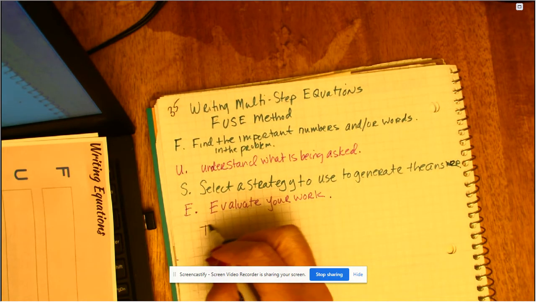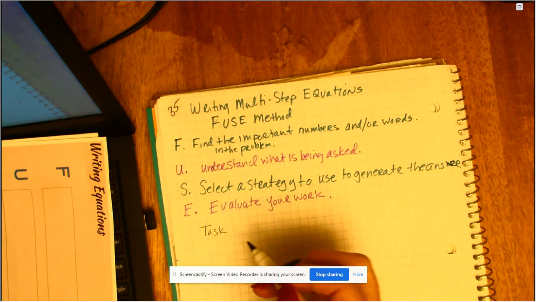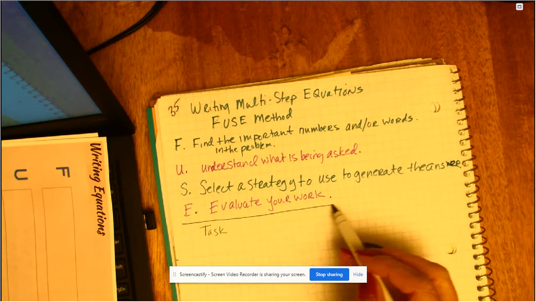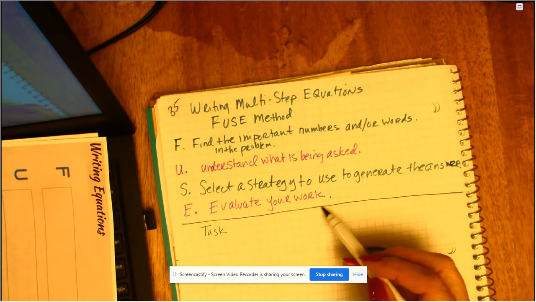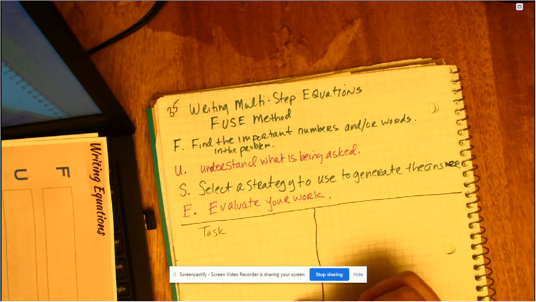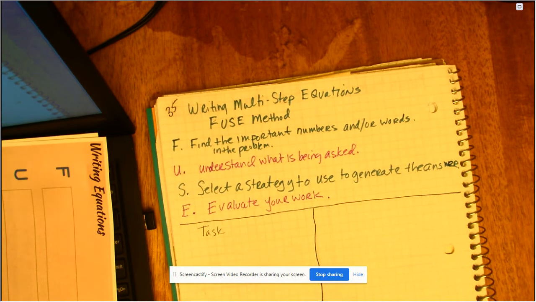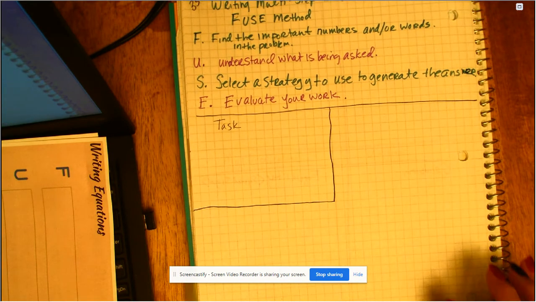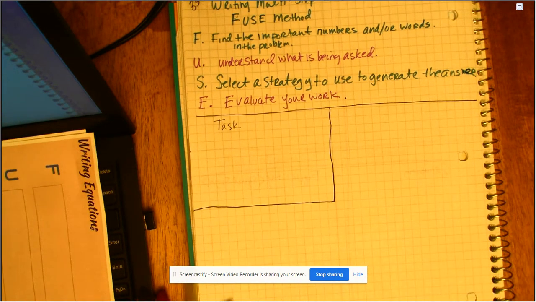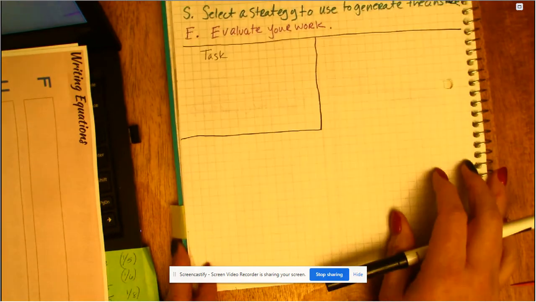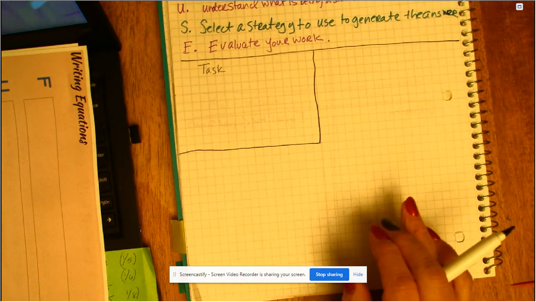So first we have the task. We're going to use the rest of the paper to make our box here. Let's see if I can get this just a little bit closer here. Right? So the task.